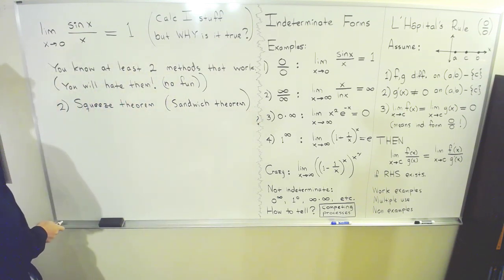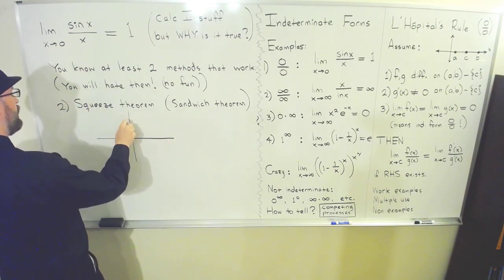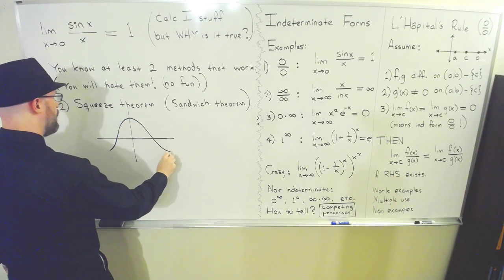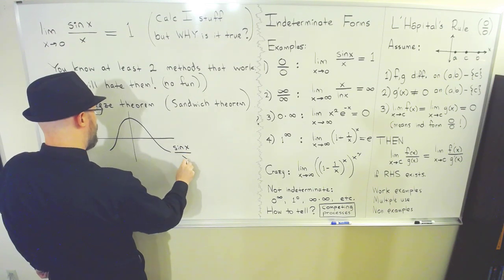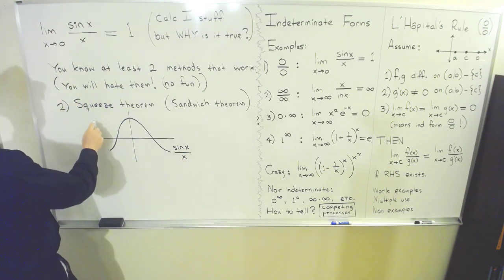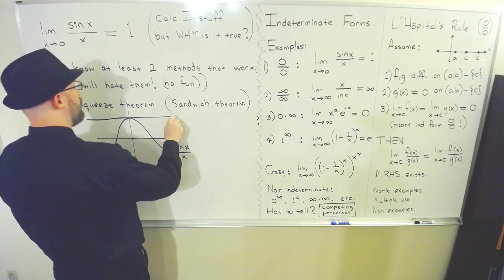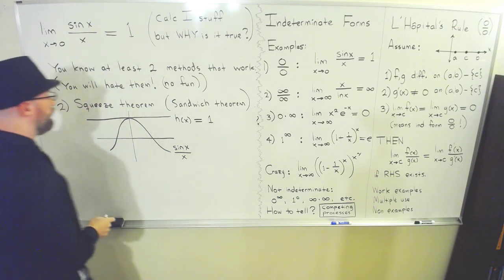Now what you do in this method, the easiest way to understand is to draw a picture. So I have here the function I'm going to be looking at, which is sine x over x. And what I do is then I take two other functions. I'll call this function h of x, and I'll choose it in this case to be 1.